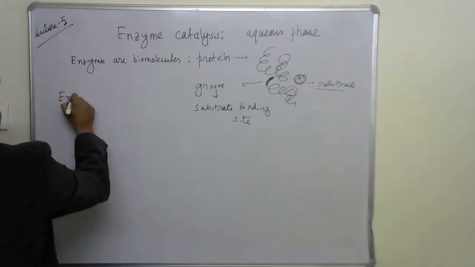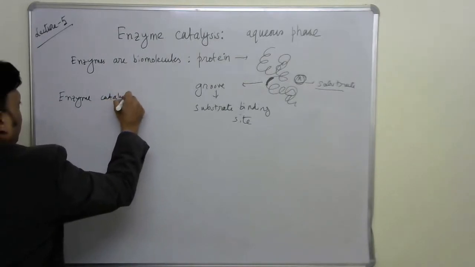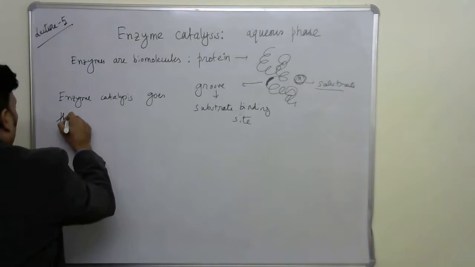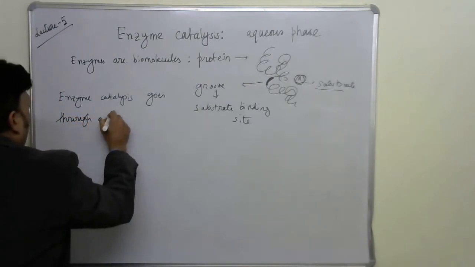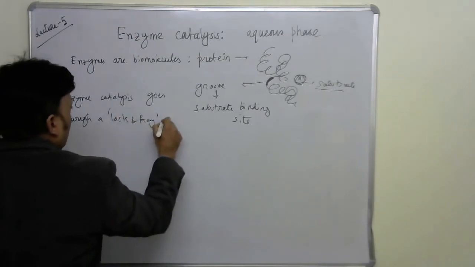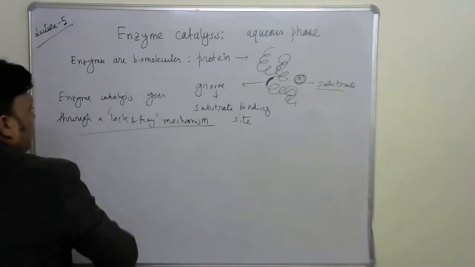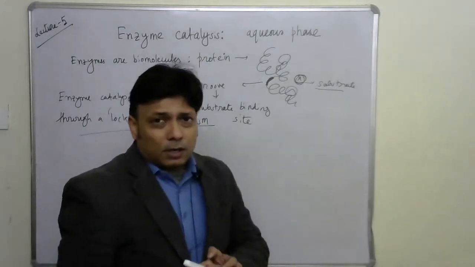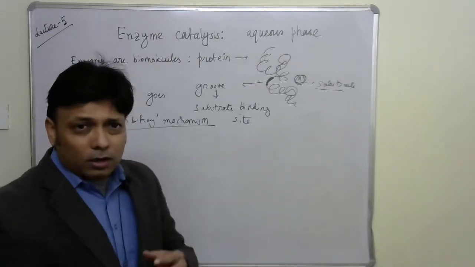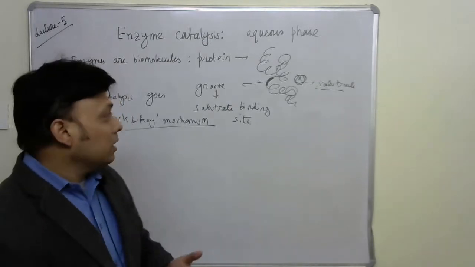a lock and key mechanism. I'm now going to explain what a lock and key mechanism is, but from the name you can understand that a good lock should have only one particular key.